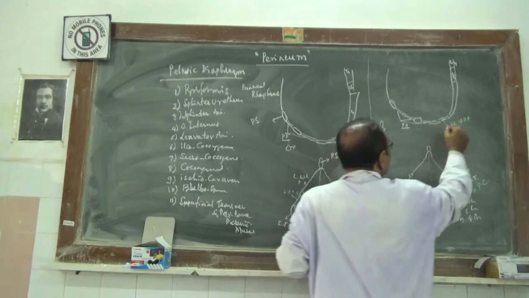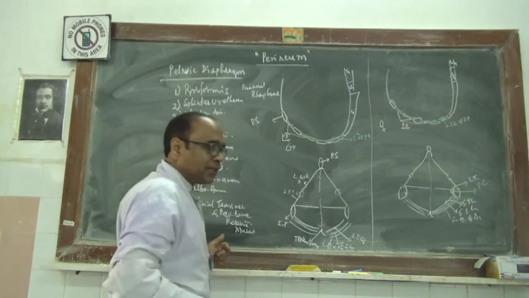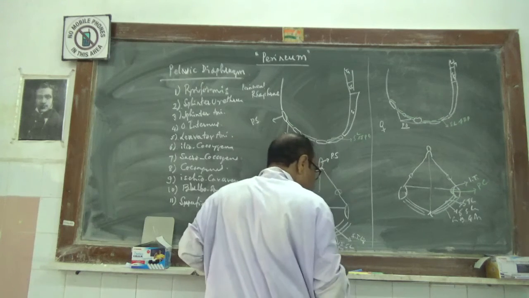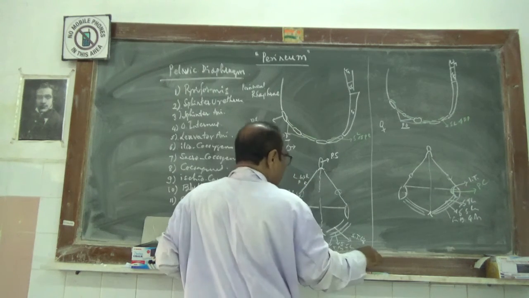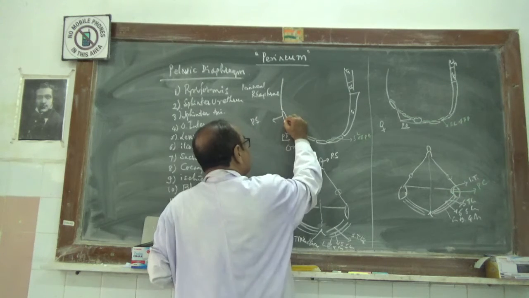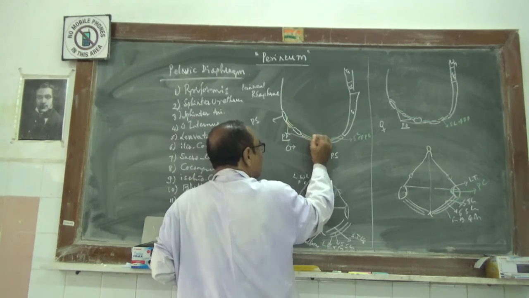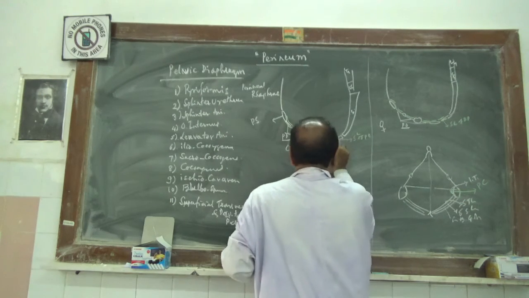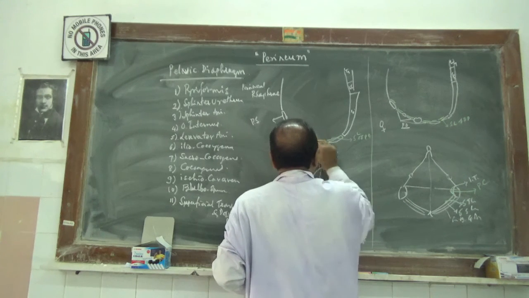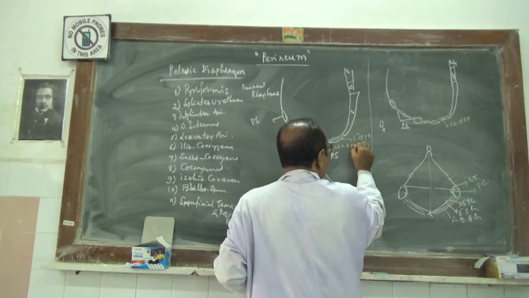Superior layer of pelvic diaphragm. Above it is limited by that. Now below it is limited by one more layer. That layer is called the inferior layer of the pelvic diaphragm.